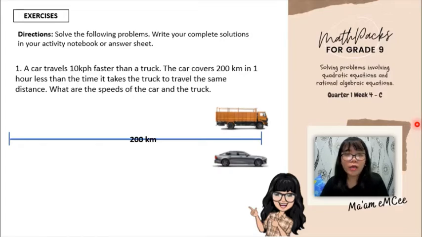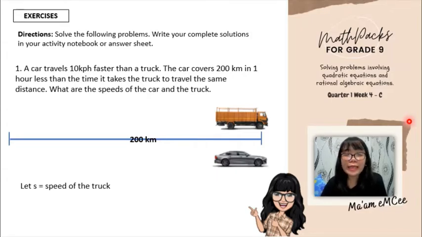And the time it takes the car to finish a 200 kilometers journey is 1 hour less than the time naging take ta na ni truck na i-travel ang 200 kilometers nga journey. So again, the first step in solving this problem is to represent your unknown.